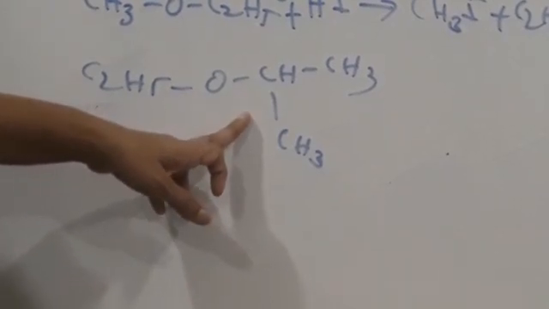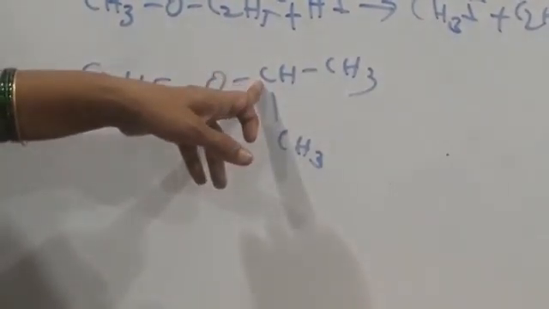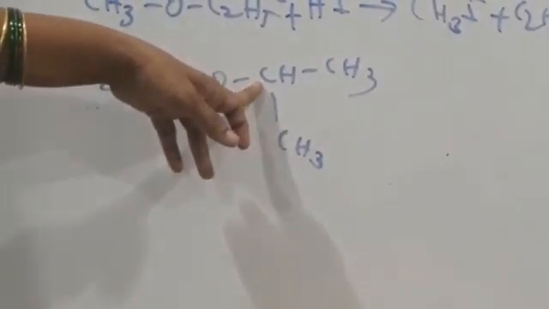So this is the ether. Okay. So 2-ethoxypropane. The IUPAC name is 2-ethoxypropane. Okay. When it undergoes reaction with hydrogen iodide, in unsymmetrical ethers, the iodide ion links with the carbon which has the more number of hydrogen atoms.